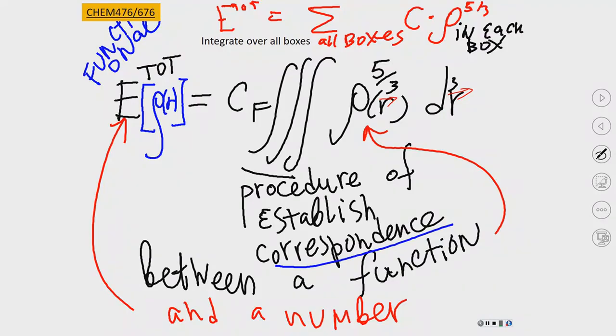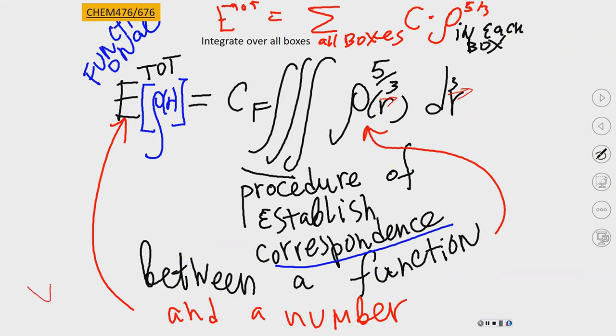Therefore, all equations that have this functional form, an integral of something at a local point, are called local density approximation. And from your previous experience, if you go over Gaussian, choosing of methods, you choose density functional, and then in addition to basis set, you select functional. And the first option is SLDA. You may recall. So, write it once again.